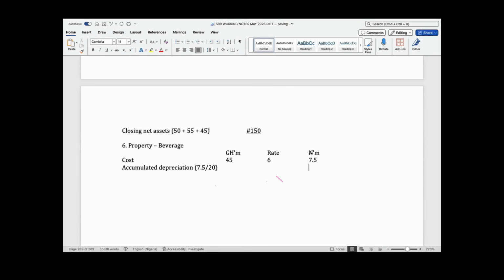How much is that? 0.375. Yes, 0.375. That means the carrying amount is how much? 7.125.